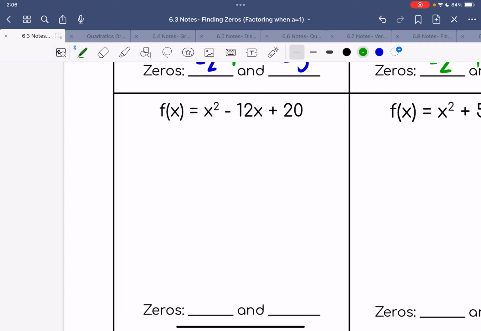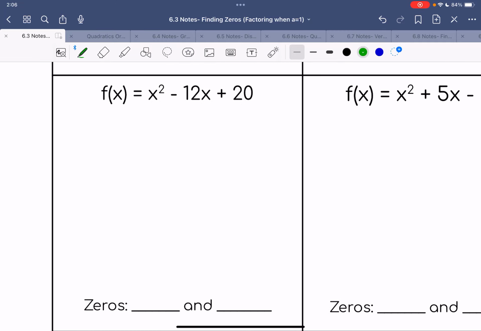Next one is x squared minus 12x plus 20. We are looking for numbers that multiply to 20 and add together to negative 12. Numbers that multiply to 20 are 1 and 20, 2 and 10, 3 doesn't work, and then 4 and 5.